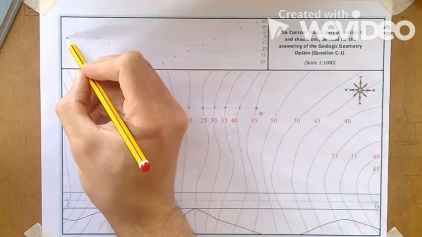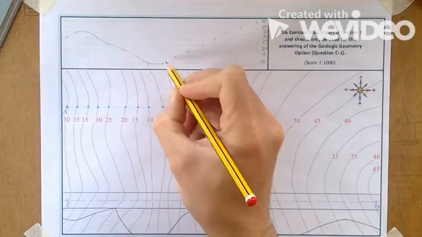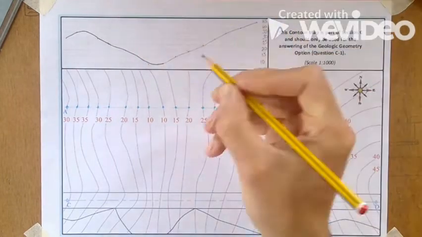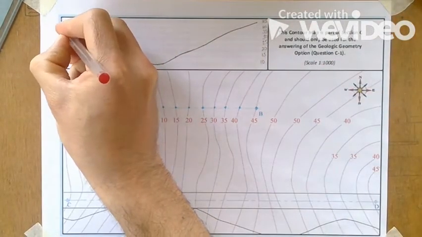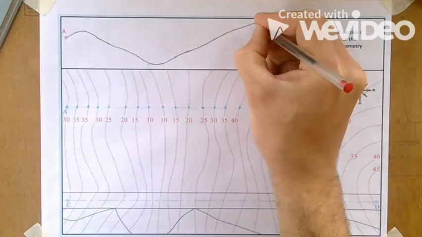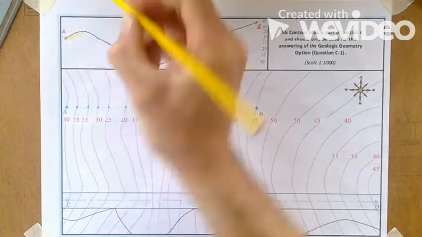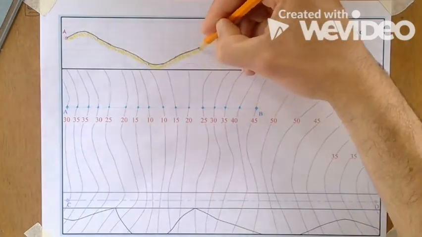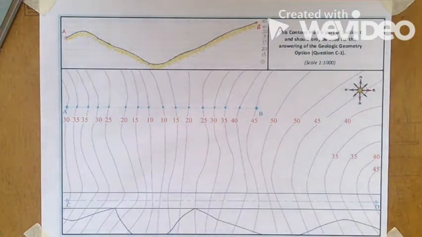Once you've that done, then join up your points. Okay, so that's the vertical section from A to B completed.